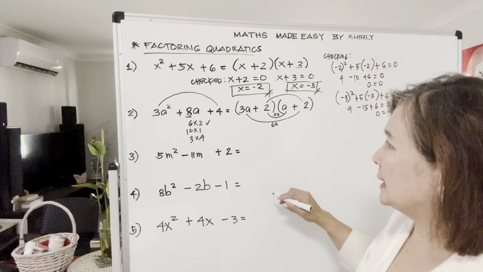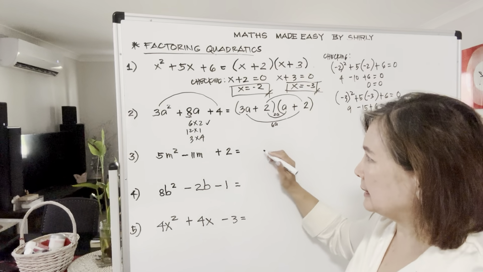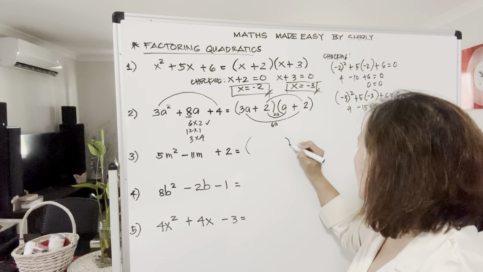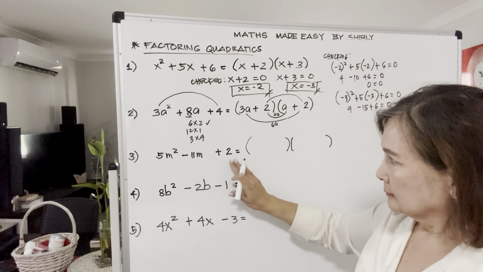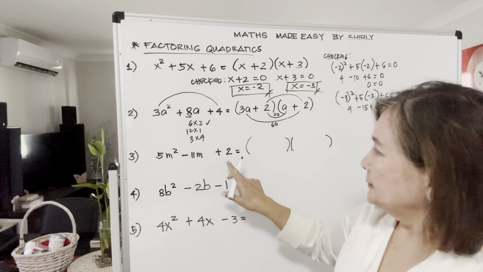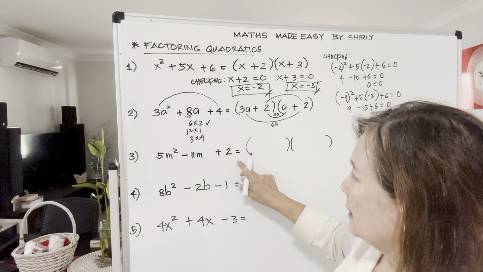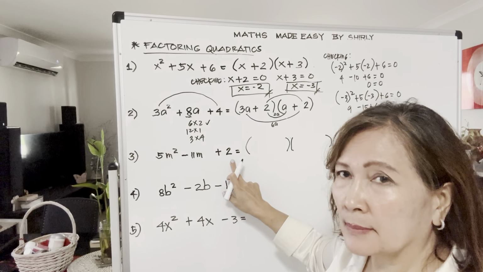Now, we move to the next problem: 5m squared minus 11m plus 2. Again, we prepare 2 sets of brackets. This time, our last term is again positive.